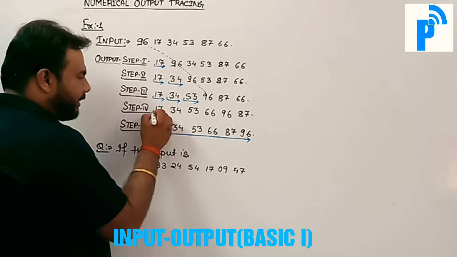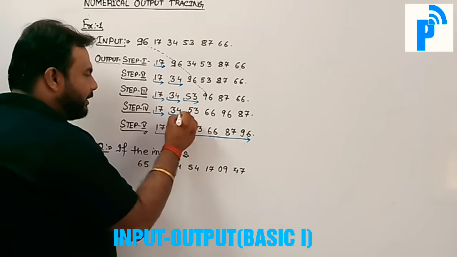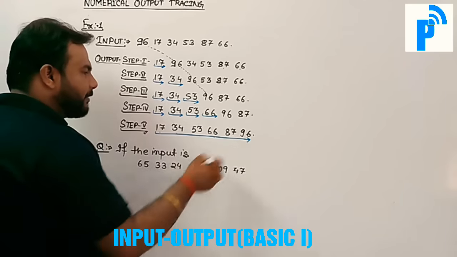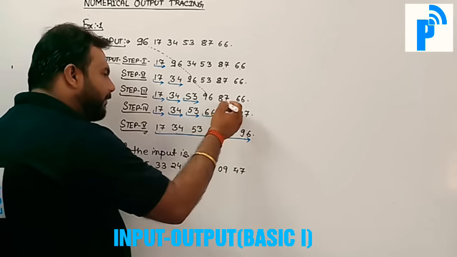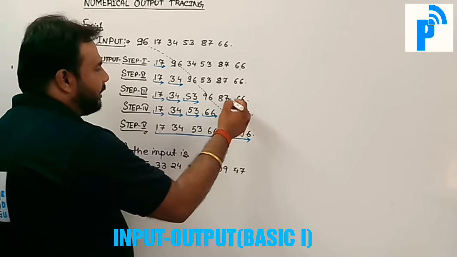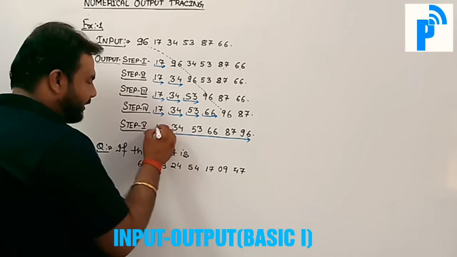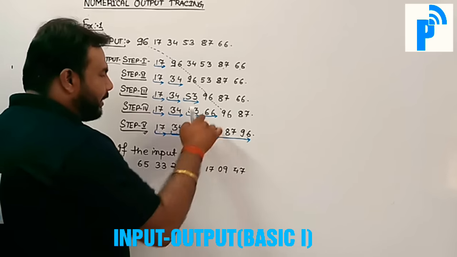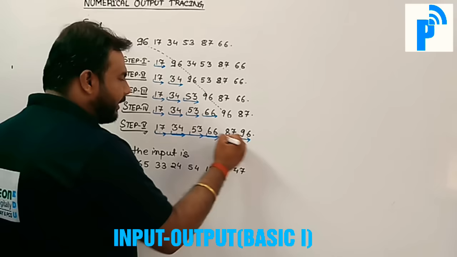Next, again we can see 17, 34, 53, then the number greater than 53 is 66. Again we have 96 in its place, then 87. Next, 17, 34, 53, 66. The number greater than 66 is 87.